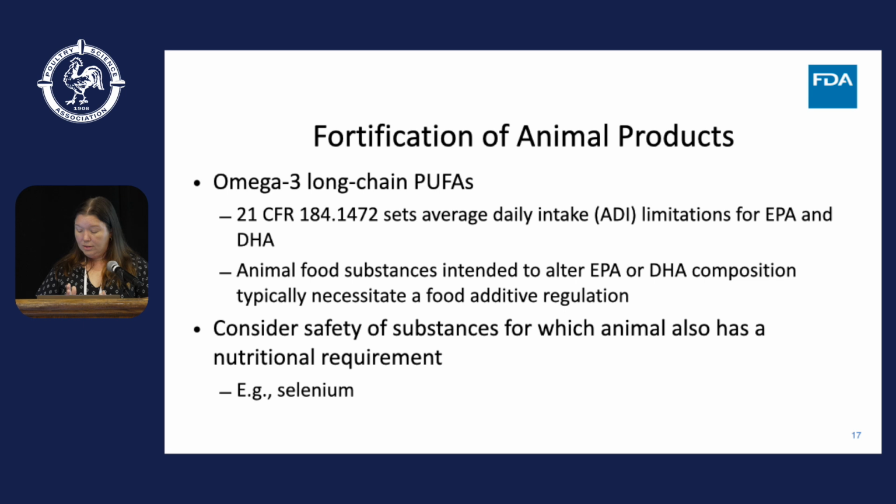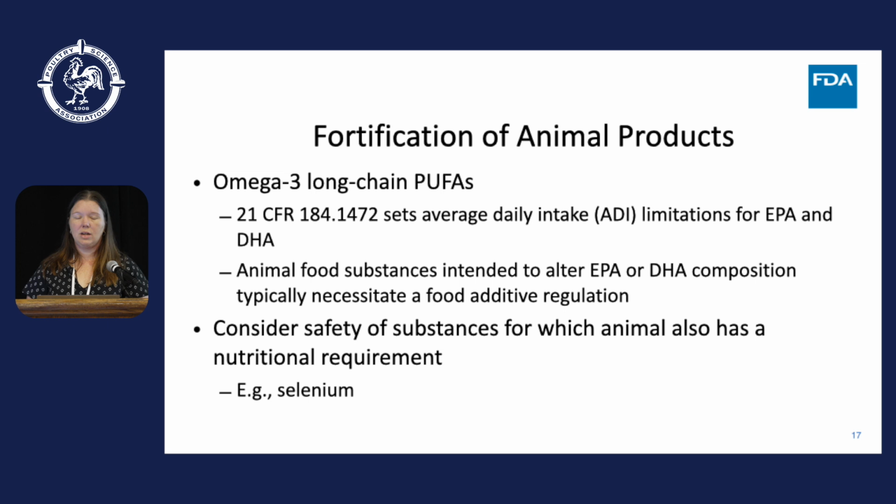With substances intended to be a source of DHA and EPA, because of that ADI, we know that the substances that often provide those, manufacturing can impact the final product, which impacts that same aspect.